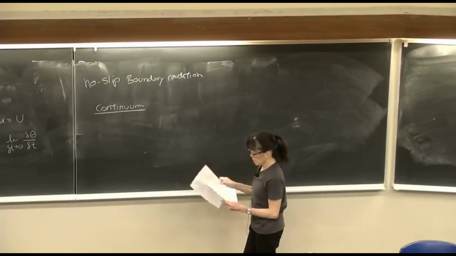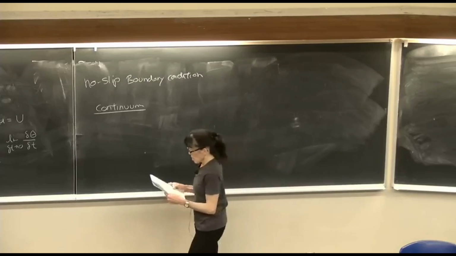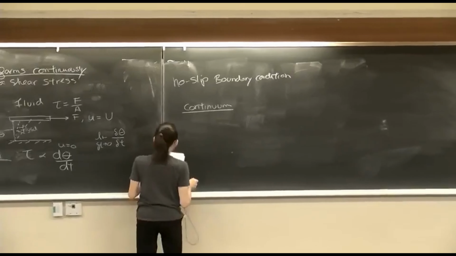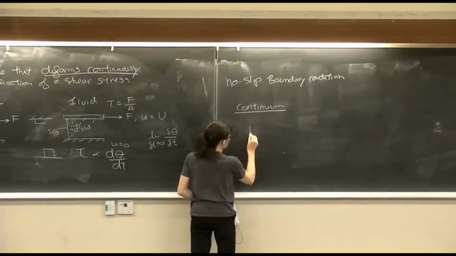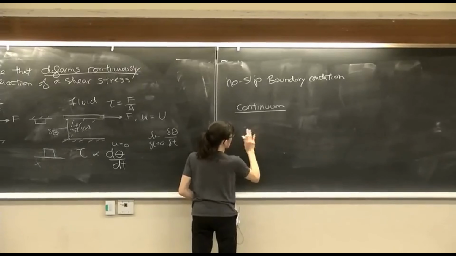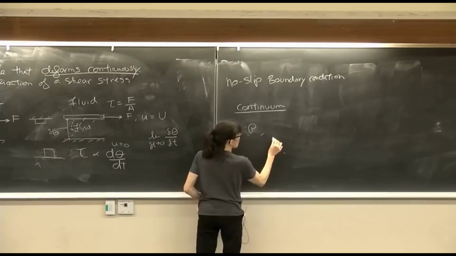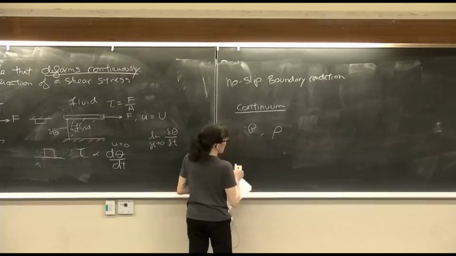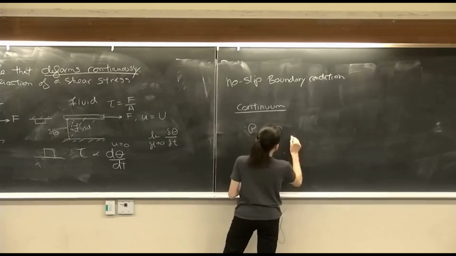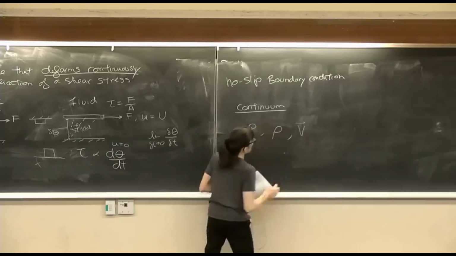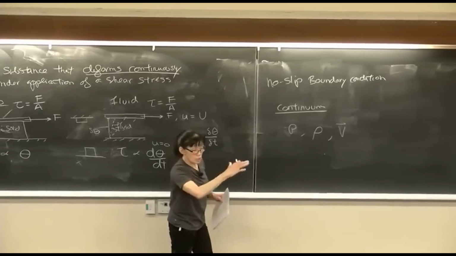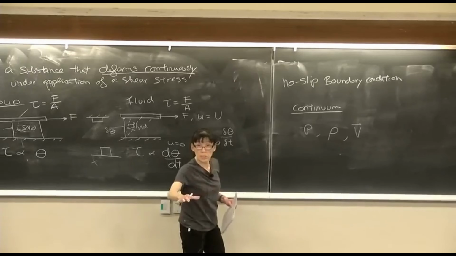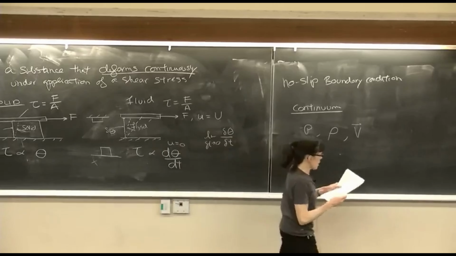Okay, so we're going to consider continuum. Fluid consists of continuous matter. So the main implication is that properties such as pressure, density, and even velocity are continuous, vary continuously.